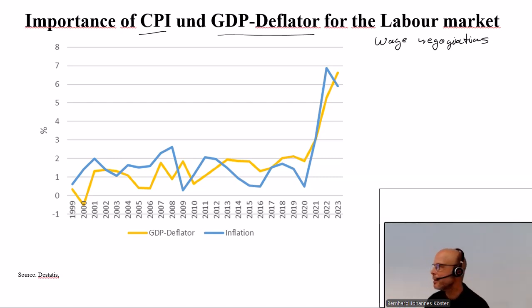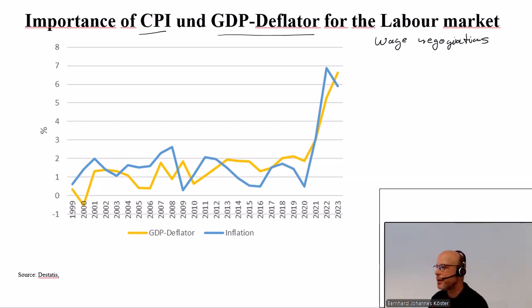And now think about yourself. You are employed, and let's say you are earning 50,000 euros per year. And then due to the consumer price index, you have an increase of prices of, let's say, 4%. Then you are still doing the same. But if you are not earning more in the future than these 50,000 euros, then although you are doing the same work, you can buy in real terms less.